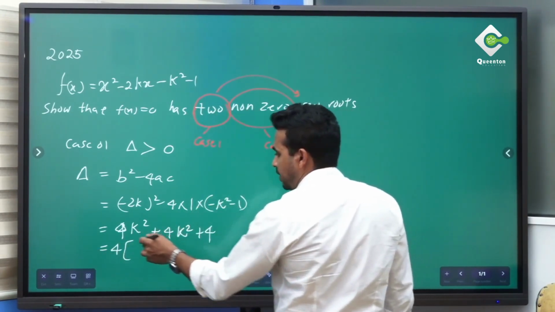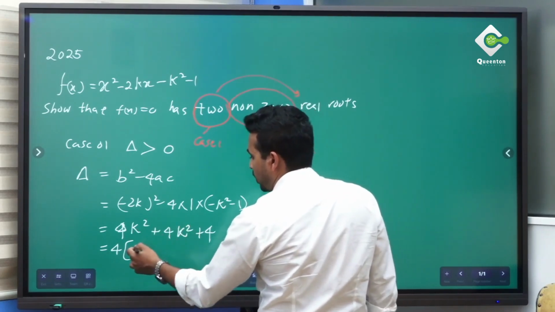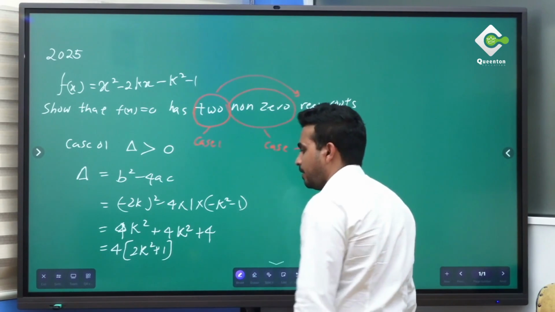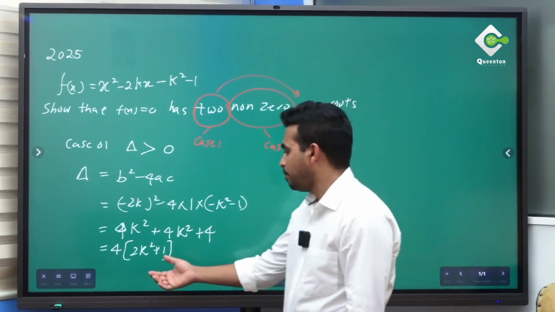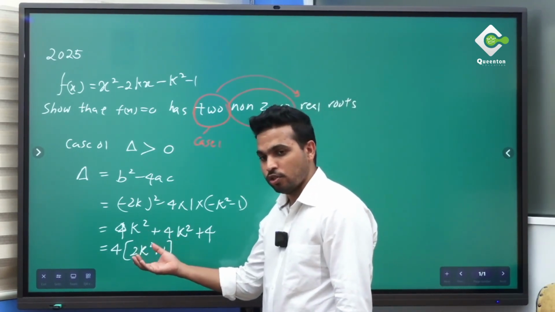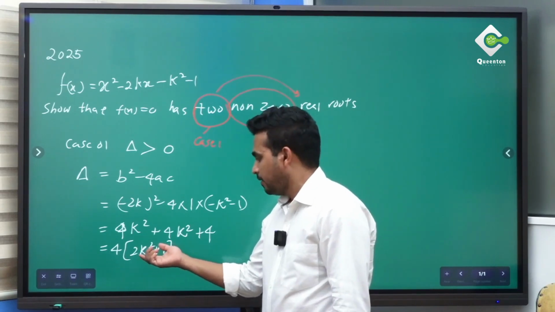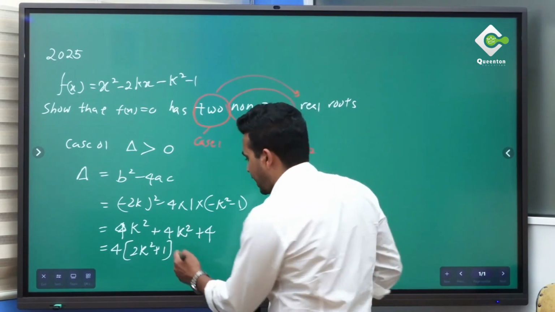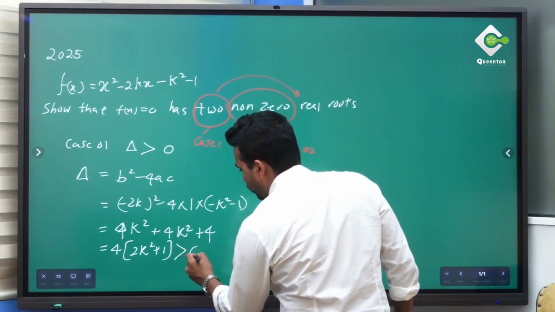We can factor out 4: 4 times (2k squared plus 1). Right? I have given you some patterns, and according to those patterns, 2k squared plus 1 would be greater than 0.